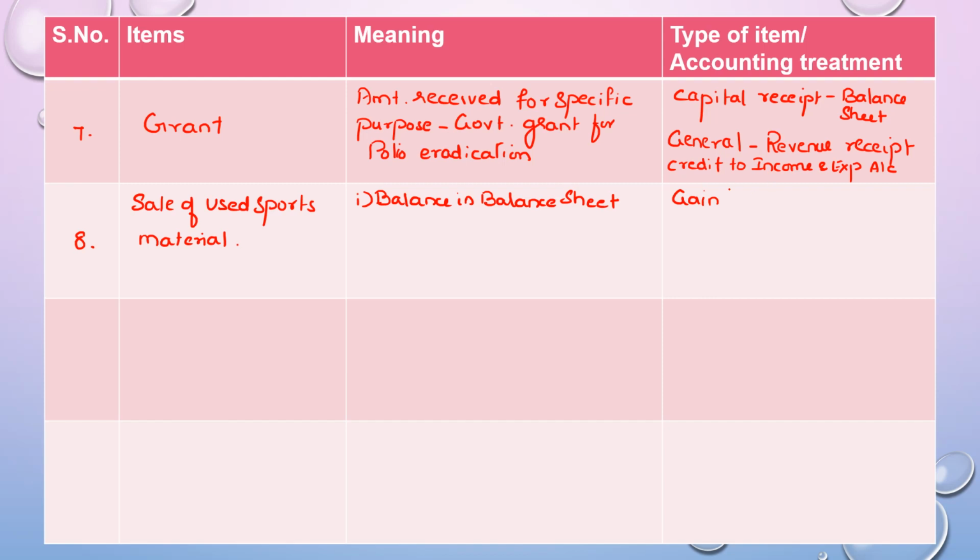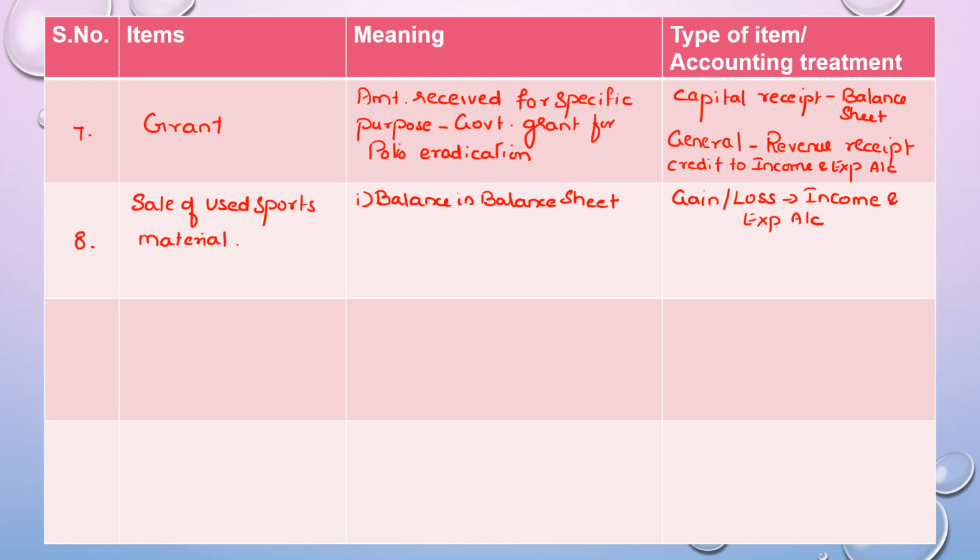So this way you will ascertain the gain or loss and put it into the income and expenditure account: the gain on the credit side and the loss on the debit side. And the book value would be subtracted in the balance sheet and the value of that sports material in the balance sheet would go down to 0. It is going out of the balance sheet.